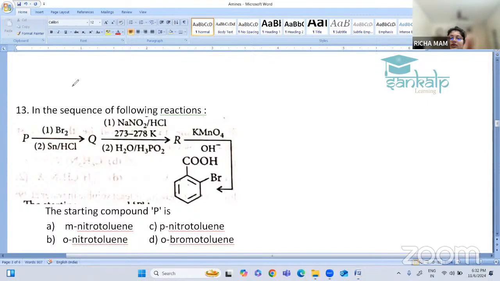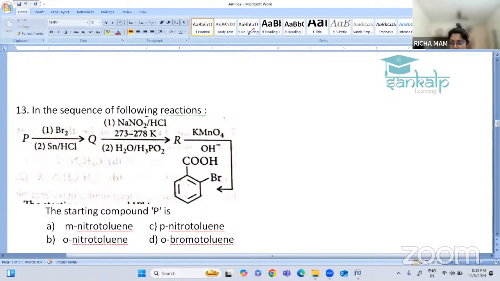There we have already covered what are amines, different types of amines, then the preparations of amines, physical properties, chemical properties, so how they behave. Then about the diazonium salts, right? Methods of preparation, properties. So everything we have discussed.